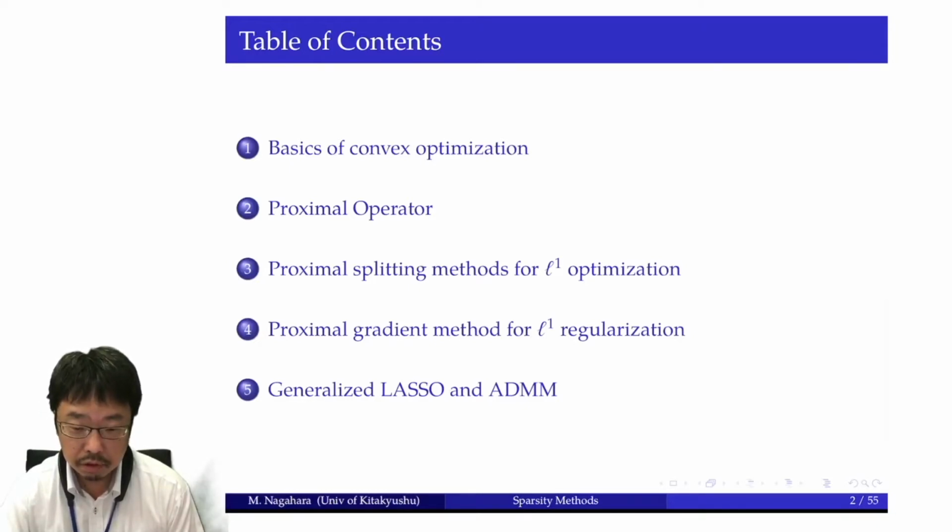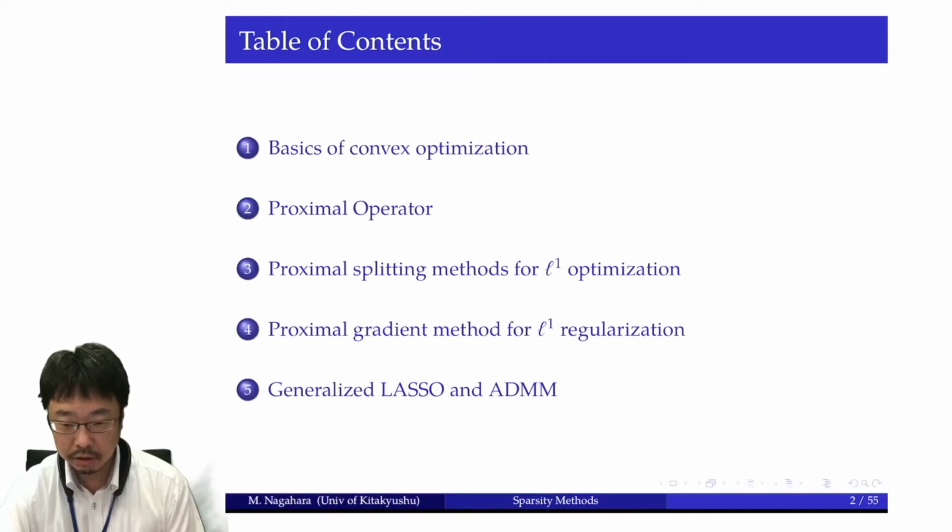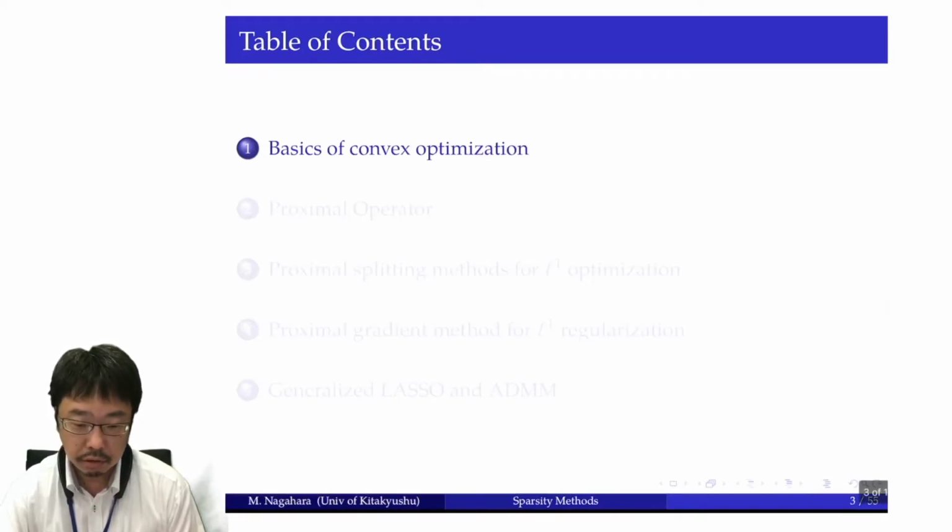By using proximal operators, we introduce the proximal splitting method for L1 optimization and proximal gradient methods for L1 regularization. Also, we will consider generalized lasso and the ADMM algorithm. So let's begin with basics of convex optimization.